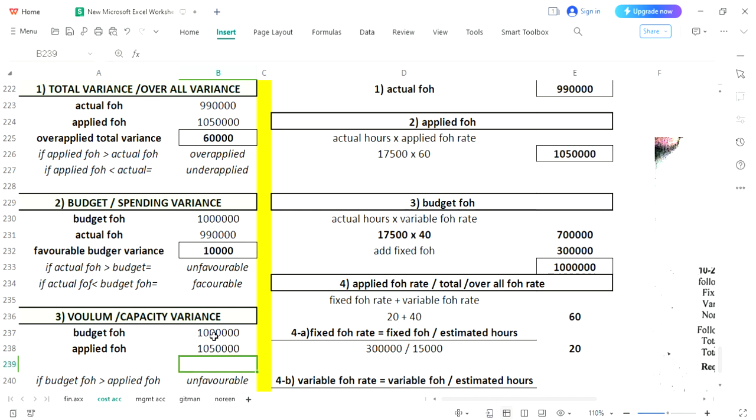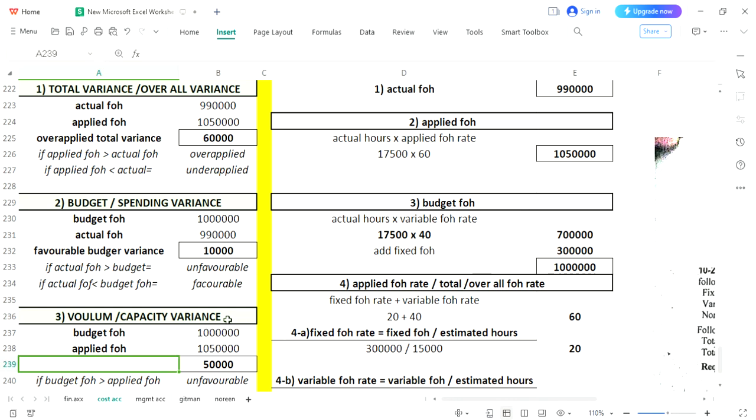It's time to calculate the variance by subtracting budget and applied. Your applied FH is 10,50,000, and you will be subtracting budget FH, which is 1 million. So your variance has arrived, 50,000. You will be focusing upon budget. Your budget is 100, applied is 105.